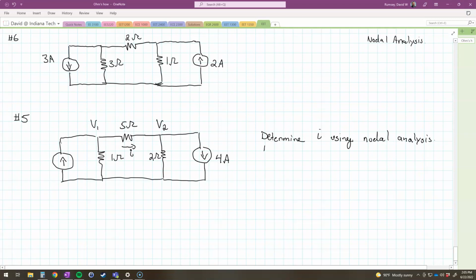Now, nodal analysis, or KCL, is normally used to find unknown voltages.